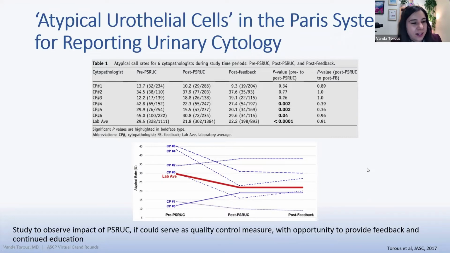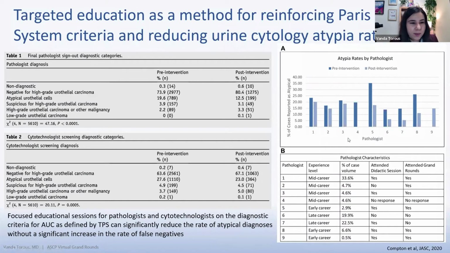So in another scenario, you can think how this might be helpful. There actually was a more recent study that did show that targeted education could be used for reinforcing Paris system criteria and reducing urine cytology atypia rates. So there's this very nice study out of Vanderbilt with Margaret Compton.